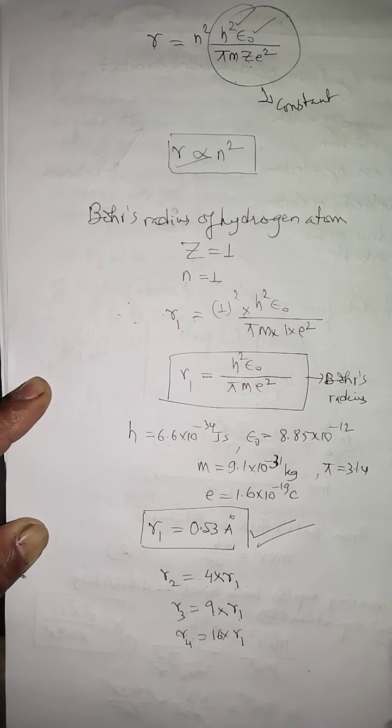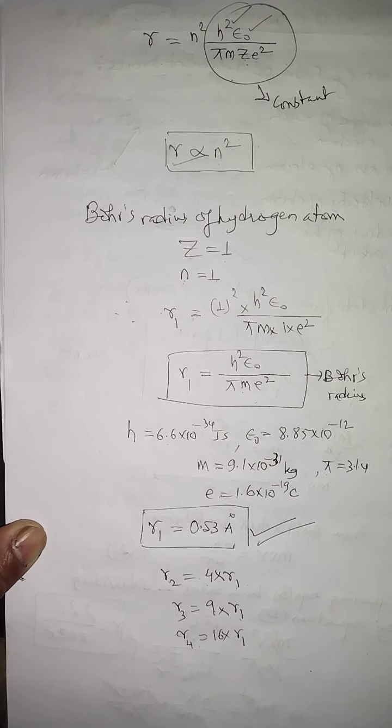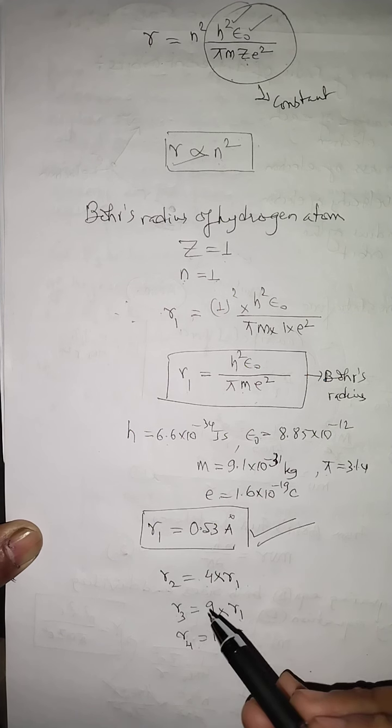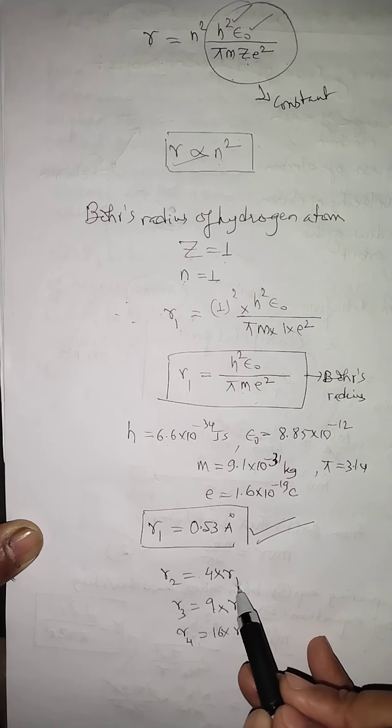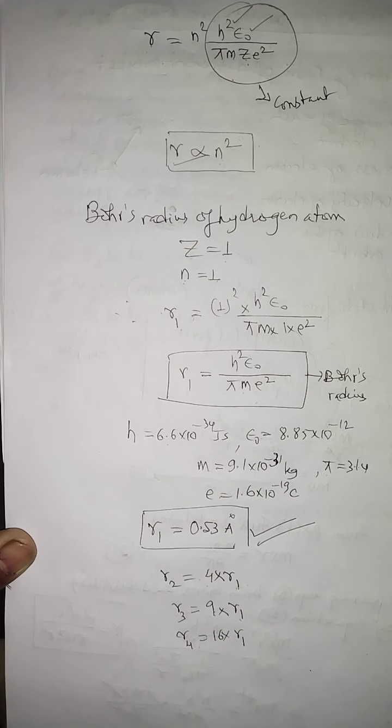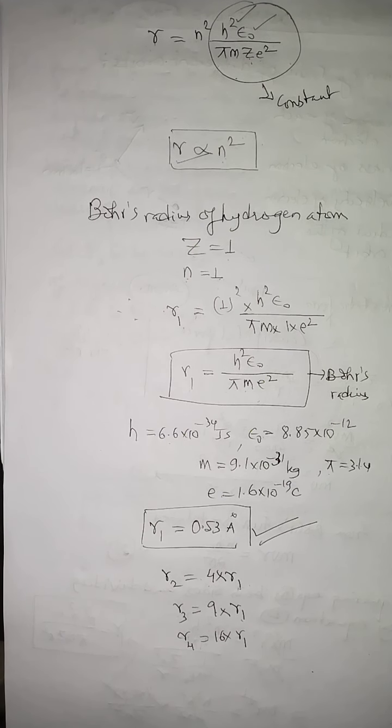It will go on and on. So the radius of a higher orbit is always calculated as the square of the orbit number with respect to the first orbit. This is the expression of the radius of the different orbits in which the electron revolves in hydrogen and hydrogen-like atoms. Now in the next YouTube video, we measure the velocity of electrons and the energy acquired by the electrons.